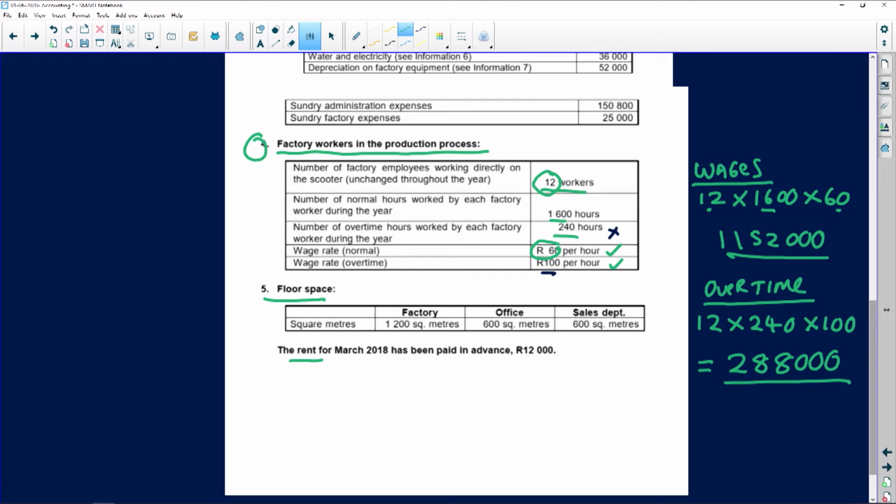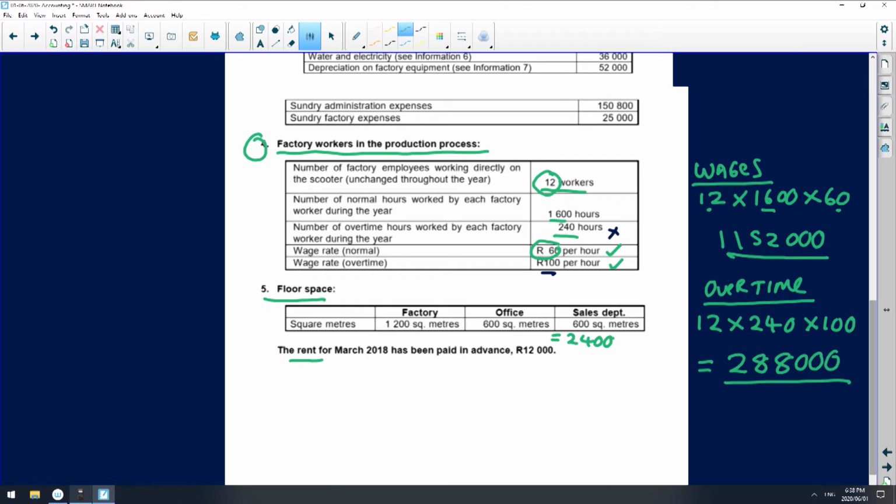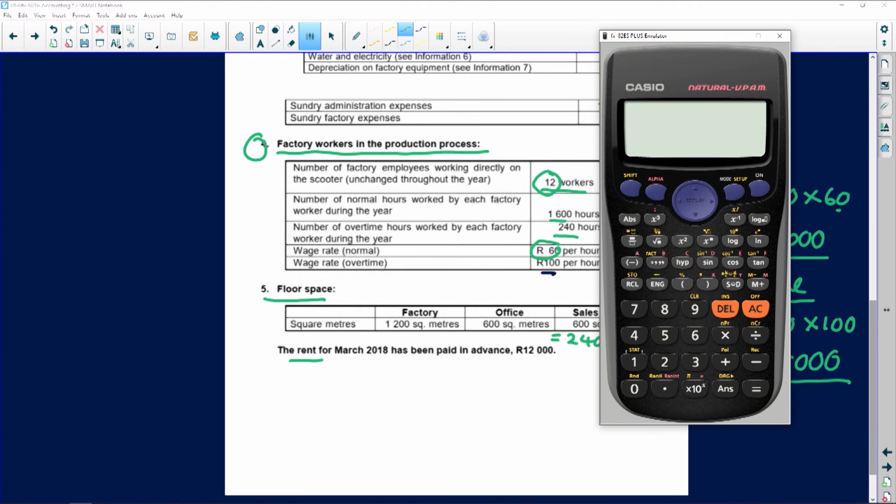Okay, so remember, in total, 1,200 plus 600 plus another 600. So the total square meters should be 2,400. Right, let's work out what portion is for the factory.